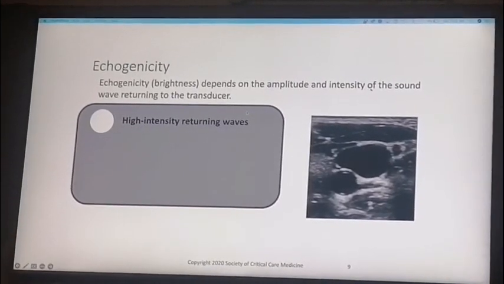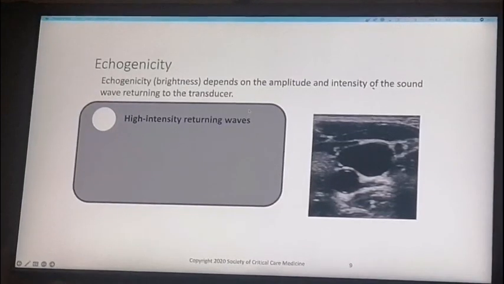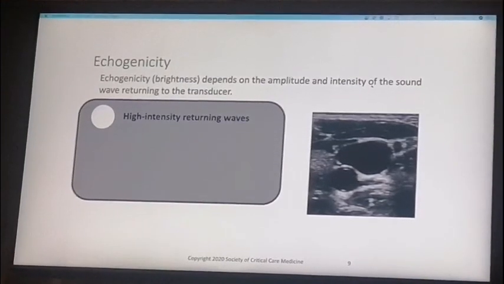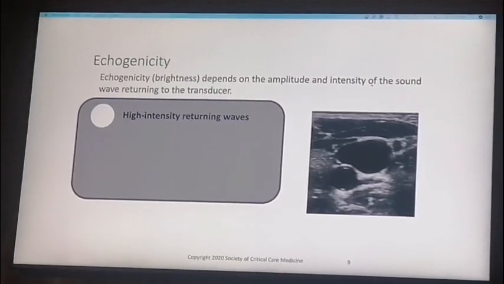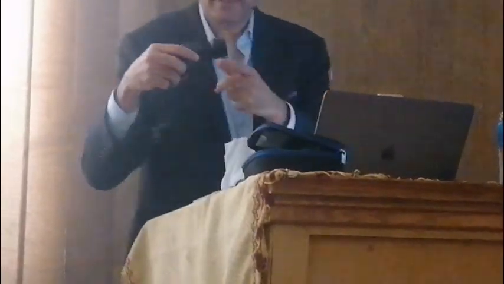The ultrasound probe sends ultrasound waves to the organs. Some waves are reflected back, some disappear, and the machine only detects what's reflected back.